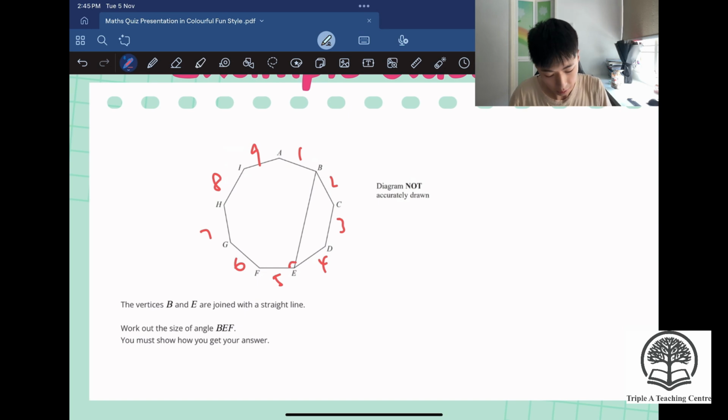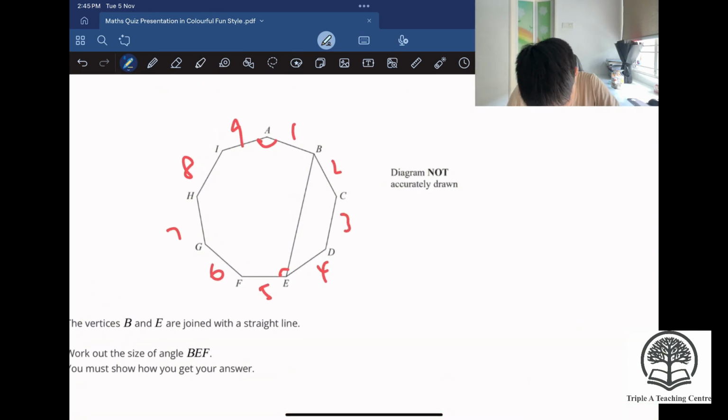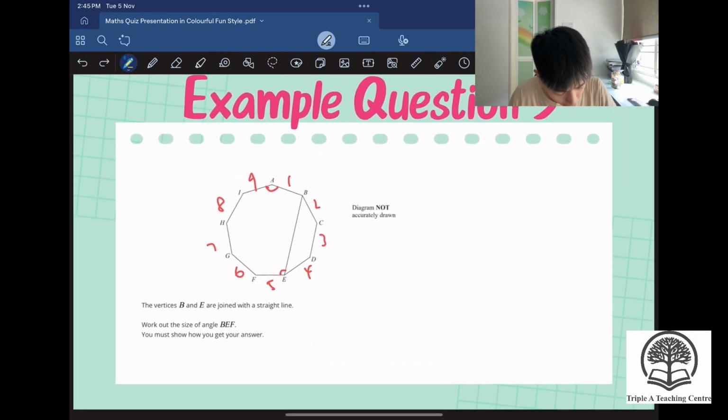So I believe that our first step should be finding the interior angle. What's the value of a single interior angle? That way we can perhaps know the whole angle over here, and in some way try to solve for BEF, okay?